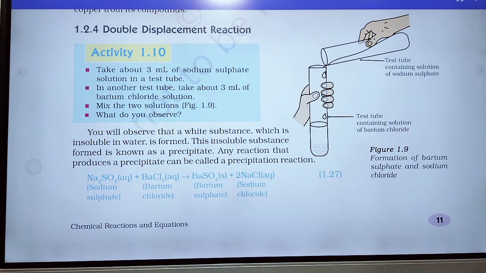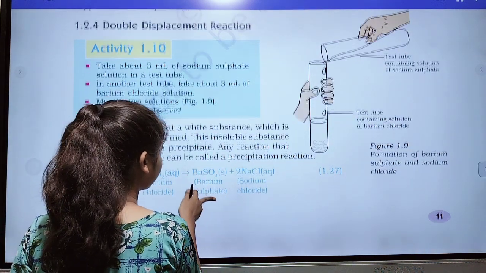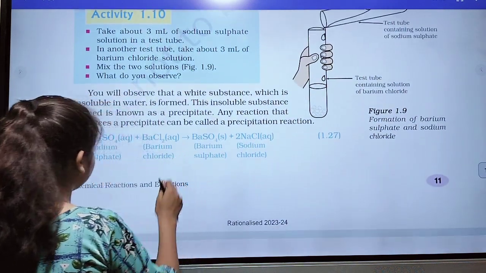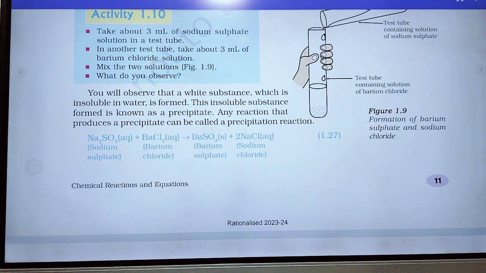Okay, I have already mentioned the examples. So the reaction between Na2SO4 plus BaCl2 gives BaSO4 and 2NaCl.